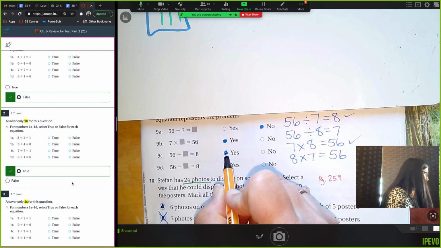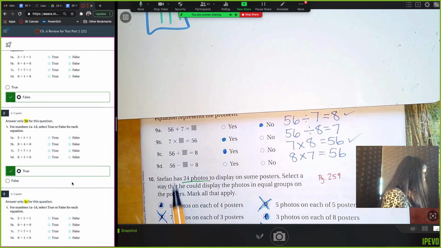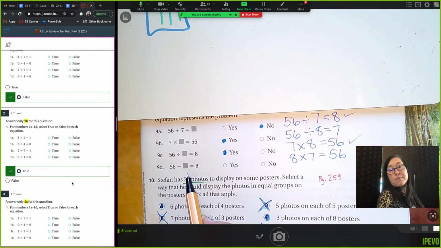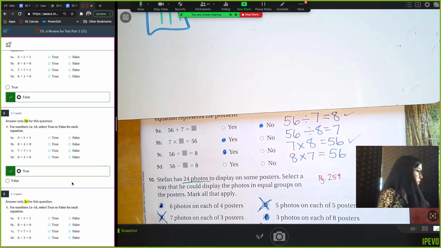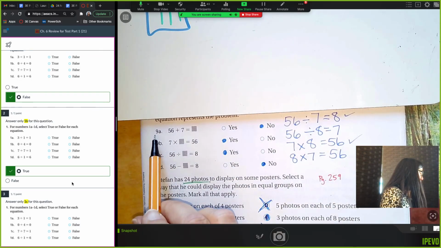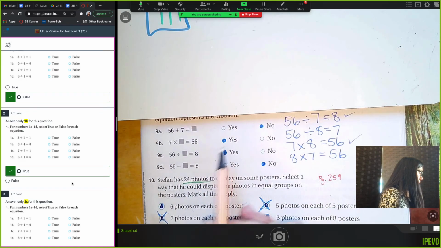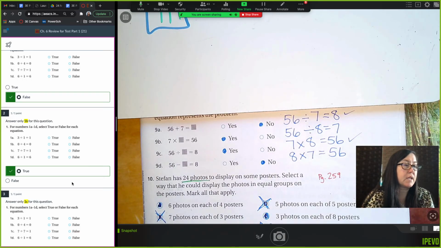Cha-ching! This is just a really complicated looking fact family question. How about 56 minus something equals 8? That's not what we're doing, right? We're dividing equal groups, so that one's a no. So 9A would be no, 9B would be yes, 9C would be yes, and 9D would be no. That problem looked a little daunting for me to do on the test. I'm going to stop my recording of this.